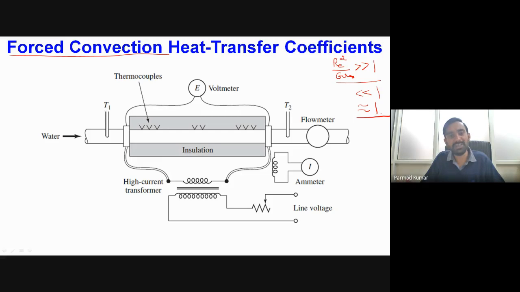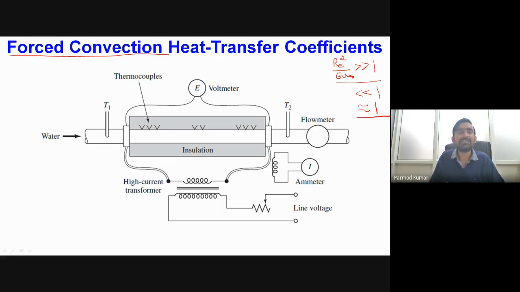In this lecture, I'll take up a few very standard approaches for measurement of heat transfer coefficient. The approaches I'll describe are of generic nature and can be employed for any other configuration also, but to describe the overall process of heat transfer coefficient measurement, I'll take a specific case.